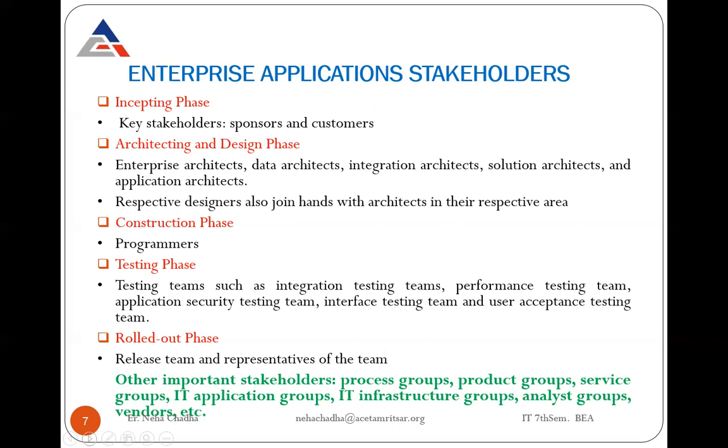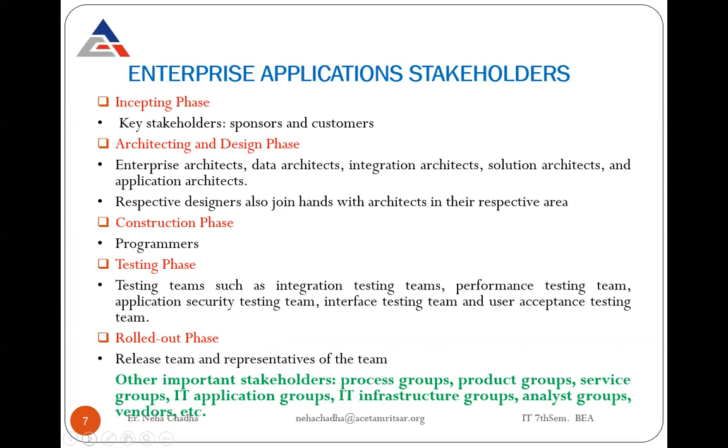This is the second phase in the life cycle of enterprise application. Here the enterprise architects, data architects, integration architects, solution architects, and application architects are all the stakeholders. We use different names for the person. If one person is related to your data activity, he is called the data architect.